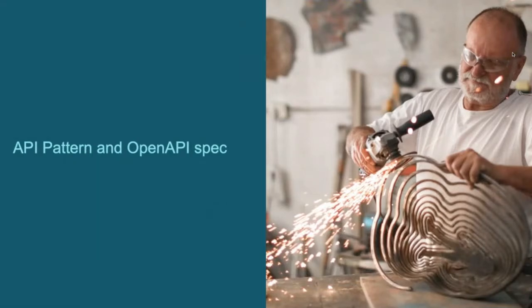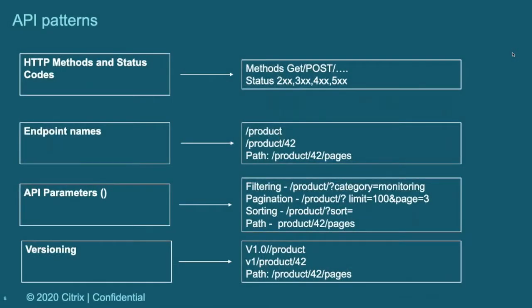Now let's look at a little bit about APIs and API patterns and an example of an OpenAPI spec document. These are typical API patterns, like any HTTP API. It will have methods like get, post.